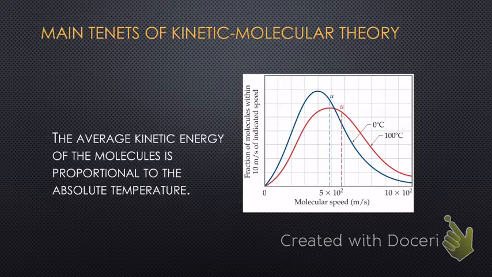They've marked out on this graph that at 0 degrees, that's what the curve looks like, and you're looking at how many of the gas molecules are traveling at a very specific velocity, having that much kinetic energy.